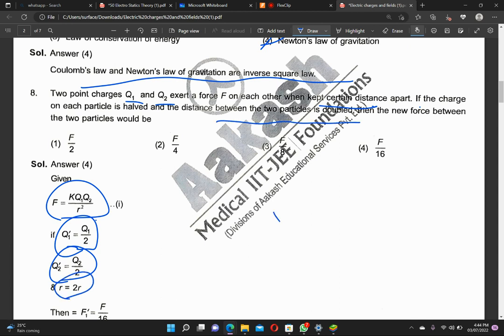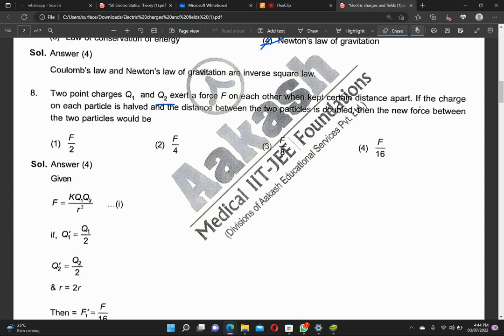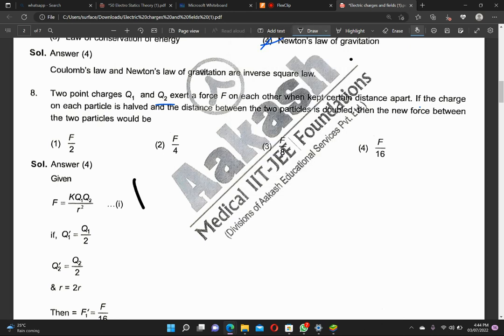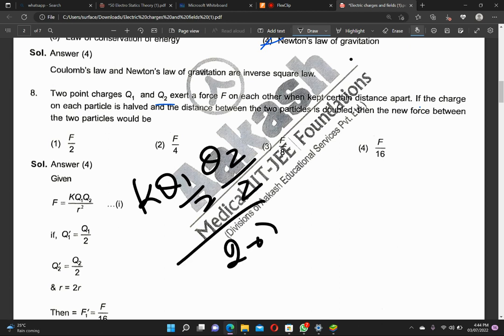So you can write this as K times Q1 by 2 times Q2 by 2, divided by 2R whole square.